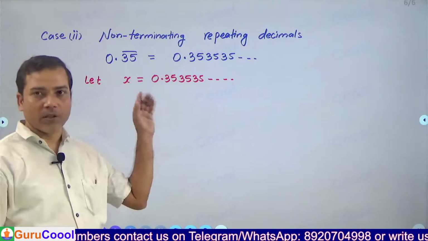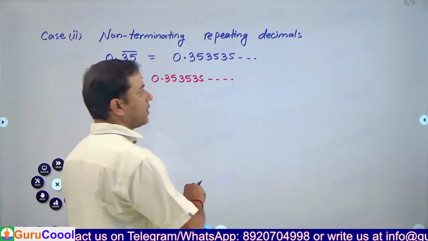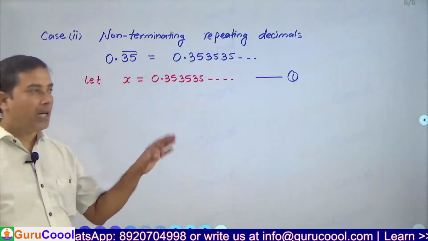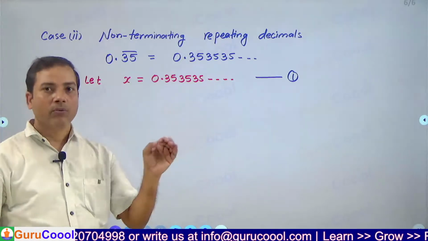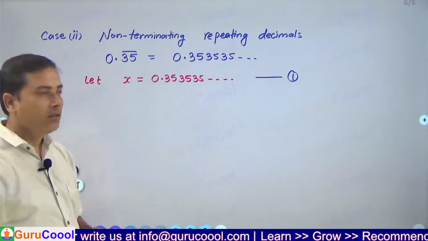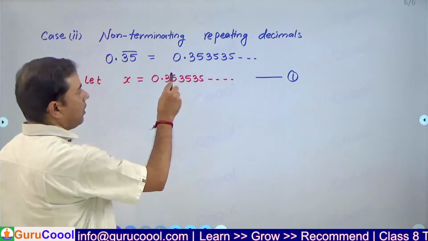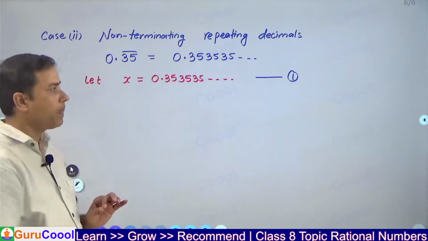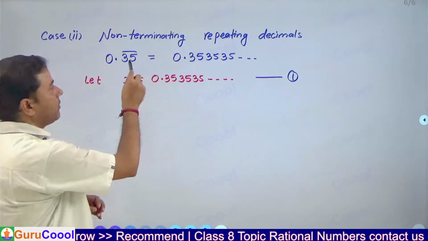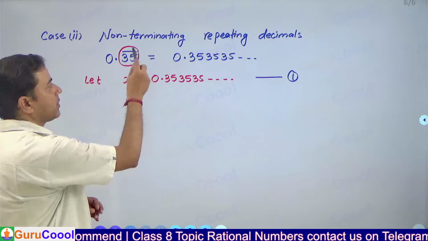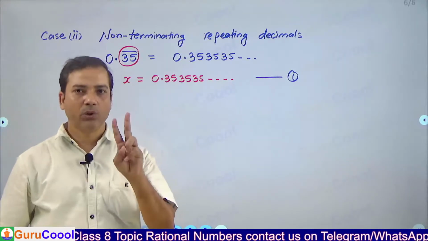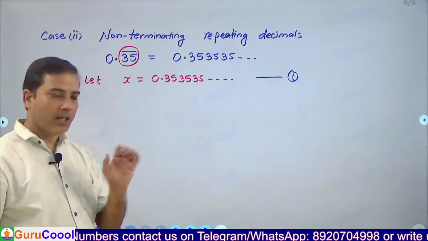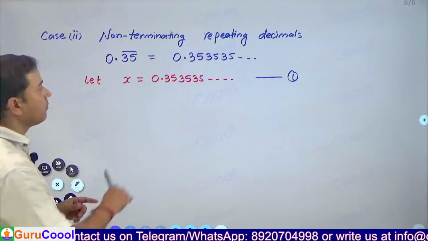Consider this as our equation 1 and multiply both sides of the equation with what? 10 can be taken, but better is to take 100. Why so? Because we have the bar sign over 2 digits. So let's multiply both sides with 100. Is that okay? Yes, sir.